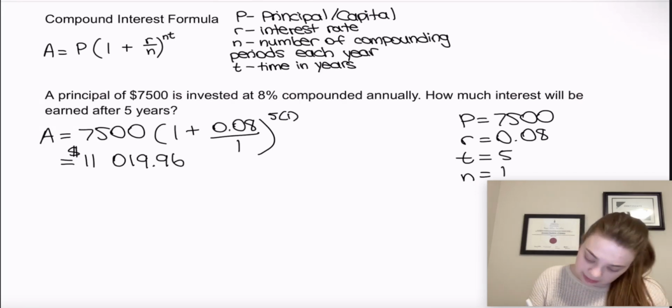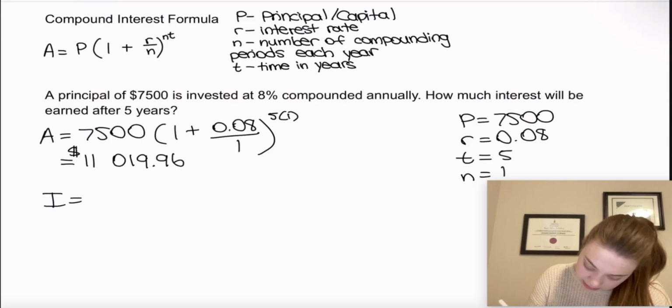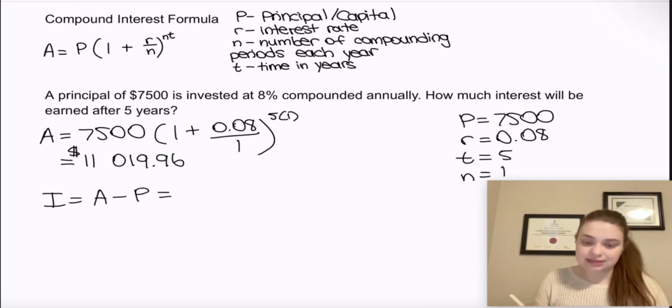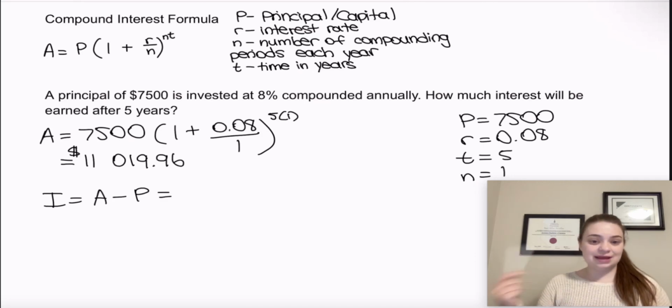So basically, the interest earned is going to be the total amount we have in the account minus the principal, right? Because the reality is $7,500 of this money isn't actually interest we earned. It's just money that we put in initially in this investment. However, anything extra above and beyond that $7,500 is money we earned through the interest rate.